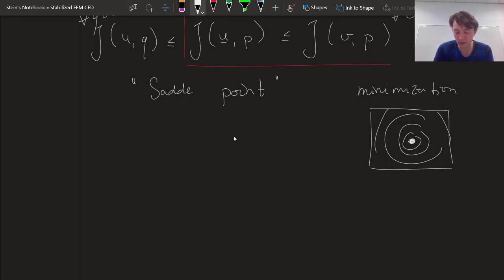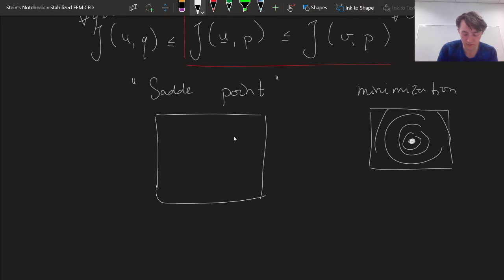Whereas for a saddle point problem, you get something that looks like your typical saddle structure.